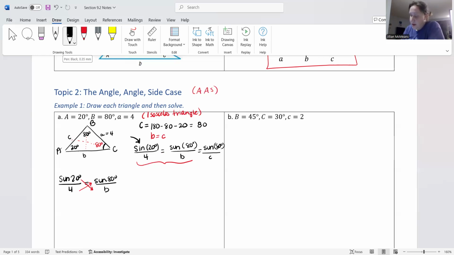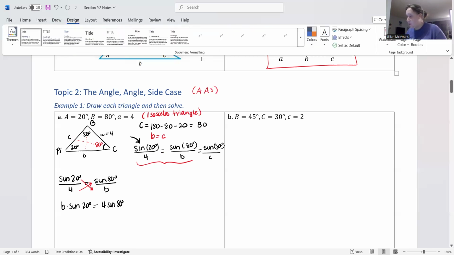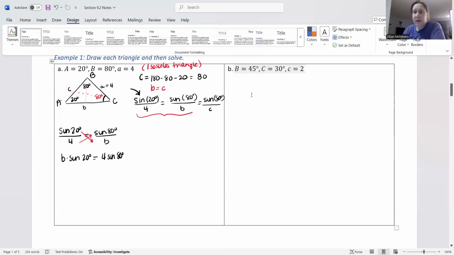So I'm going to get b times sine of 20. And that's going to equal 4 times sine of 80. Okay? Well, I want to get the b alone, so I need to undo the multiplication of b and sine of 20 degrees. Sine of 20 degrees is just some number. So we divide both sides by sine of 20 degrees.